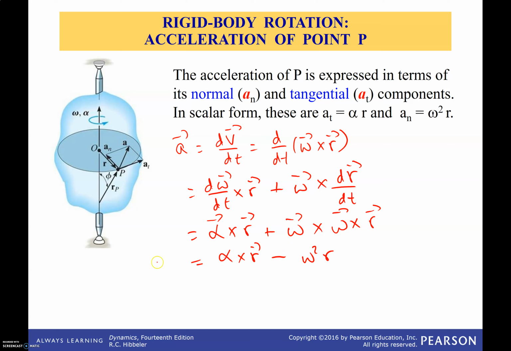That's how you write the acceleration, and you can then equate this: this is your tangential acceleration, and this is your normal acceleration. So this is how we're going to write the normal and tangential accelerations in pure rotation.